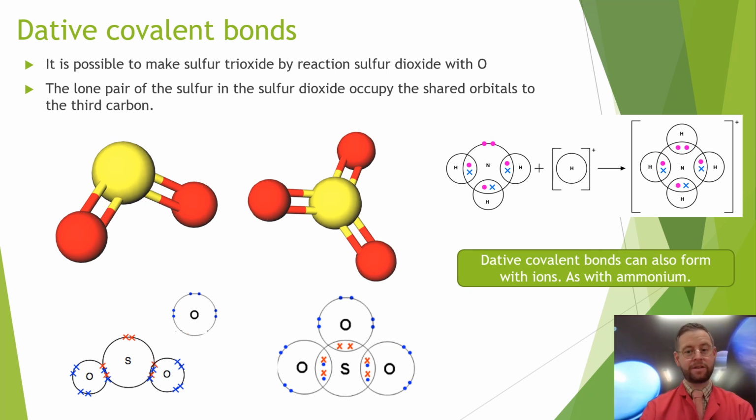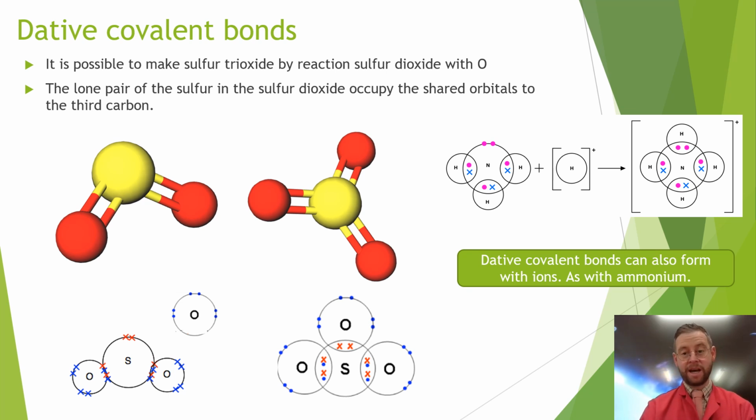It had a valency of 2. If oxygen came wandering along, what it could do is it could bond. It could attach itself to the lone pair. It is entirely sharing the electrons that have come from the sulfur. And so this is called dative covalent bonding, and it creates things like here, sulfur trioxide, a nice triangular shape molecule.